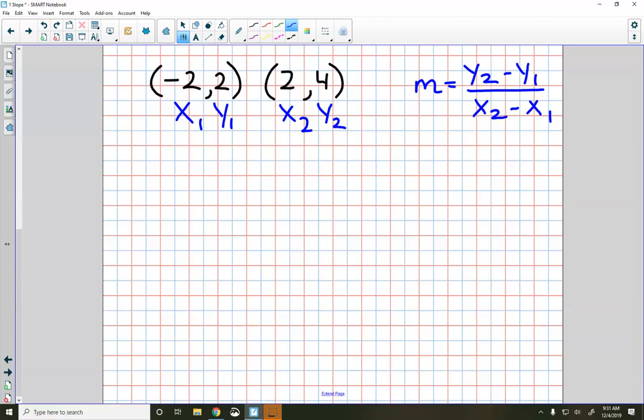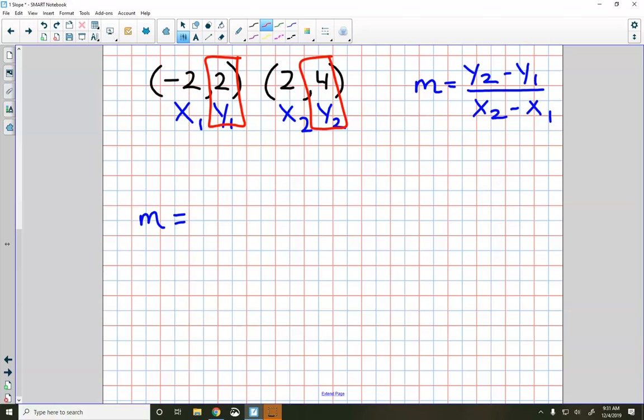All right, so let's watch this. I'm going to write the slope formula. m equals y sub 2 minus y sub 1. Remember, in the slope formula, the vertical change is in the numerator. The vertical change is talking about the two y coordinates, namely this and this.